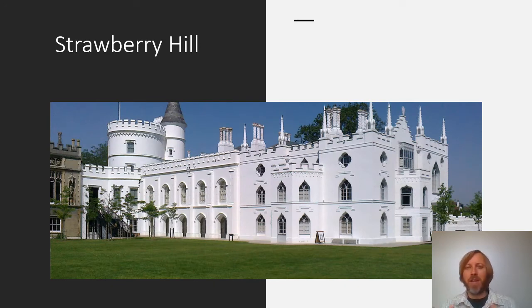So you can see that there is quite a lot of work that went into this, but also that this isn't really any actual architectural historical phase, but a reinvention of some pseudo-medieval castle that was created in the 18th century.